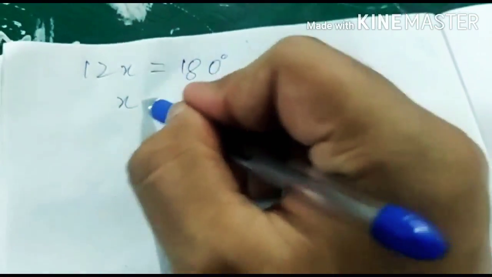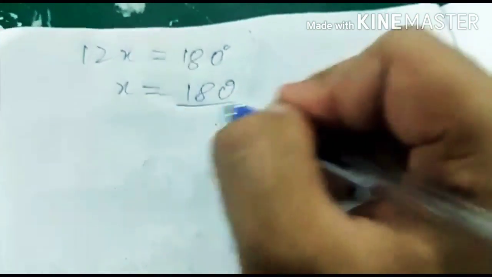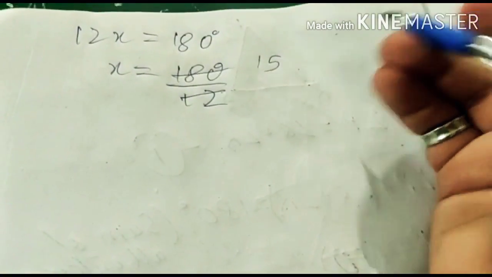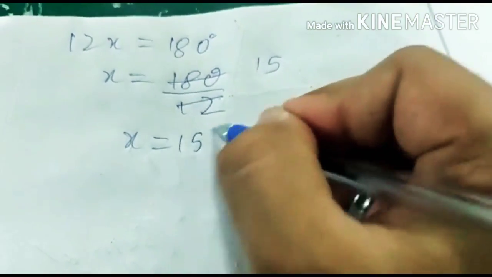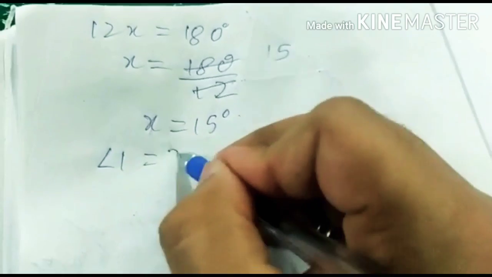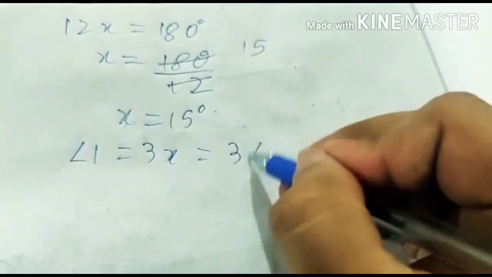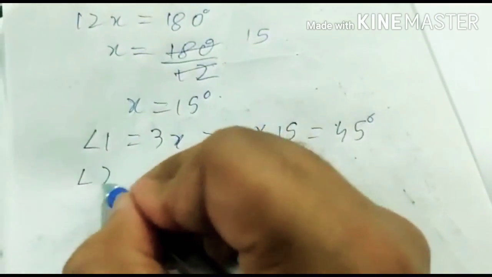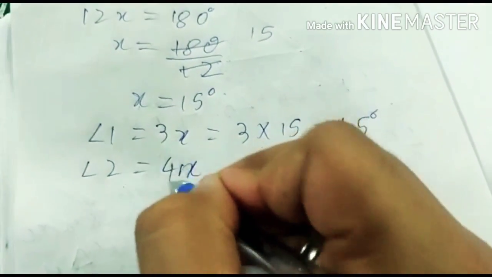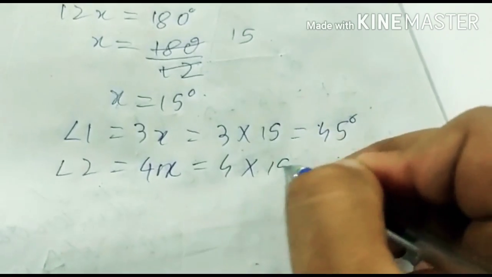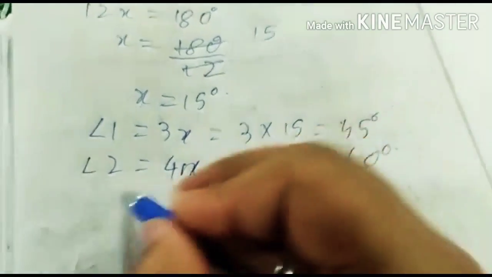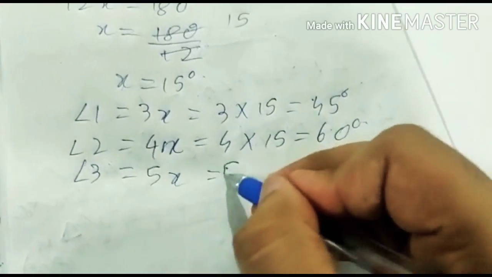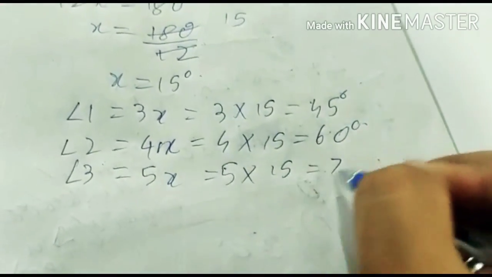So x equals 180 degrees upon 12. If we reduce it, we will get 15. So x equals 15 degrees. So angle 1 was 3x, means 3 into 15, that is 45 degrees. Angle 2 was 4x, means 4 into 15, that is 60 degrees. Angle 3 equals 5x, that is 5 into 15, that is 75 degrees.